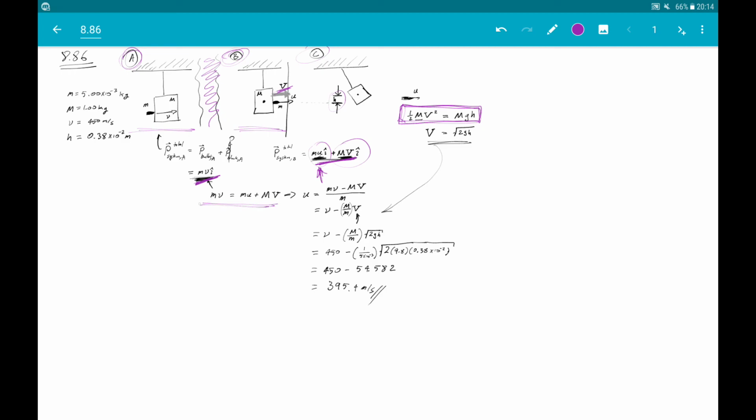So I take the momentum conservation equation, solve for U, I get this result, sort of simplified, but then I can use my energy conservation result to rewrite the big V, and that's what this is. And then after that it's plug and chug, put in the numbers, and final bullet speed right there.